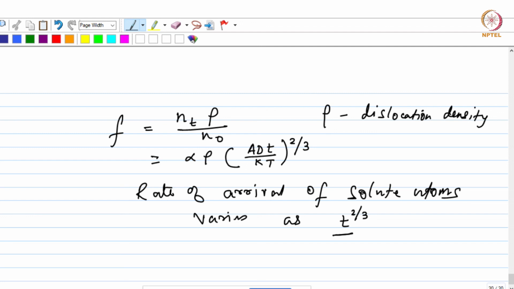And for longer aging time, there is a generic expression which goes as follows.